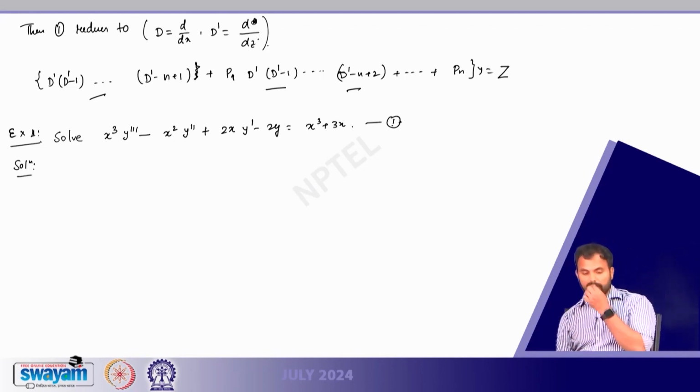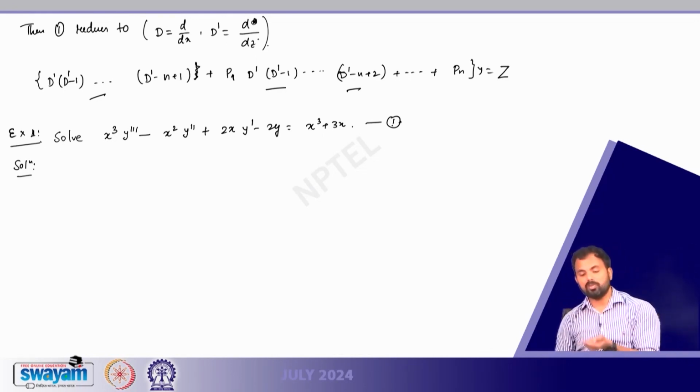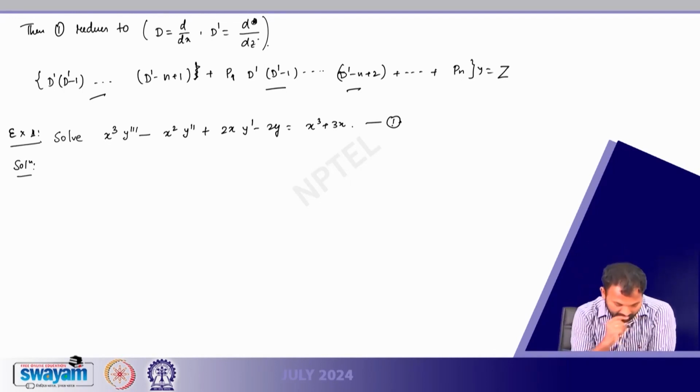As you can see here, that nice homogeneous structure is maintained. We have x cube d3y by dx3 minus x square d square y by dx square plus 2x dy by dx minus 2y. So, let us make that substitution.